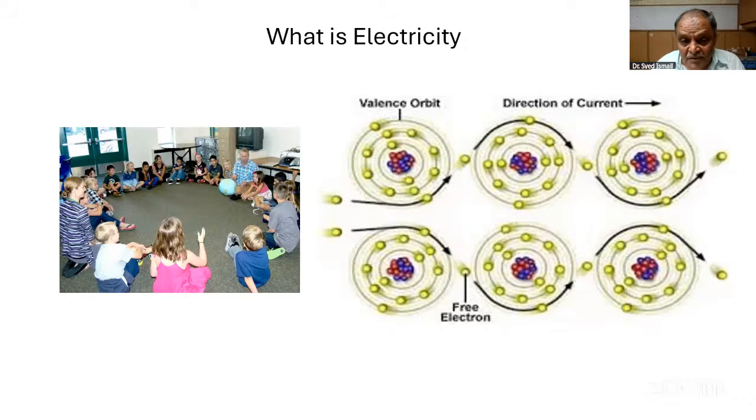Now, take the first valence orbit, first on the left-hand side at the top of the circle. One of the electrons comes and pushes this electron out. So this electron will go to the next one, because otherwise this particular element will have more electrons, which cannot become a stable form. That's how the non-stable form comes, but they all want to be stable.